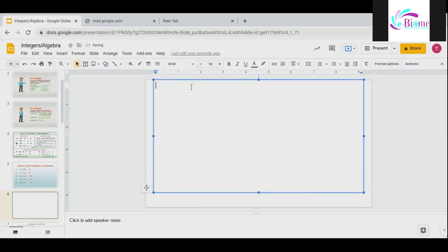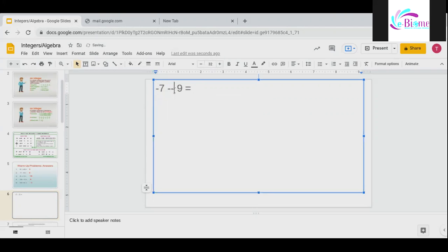So we have -7. Let's make this bigger for you guys to see. Let me write that down quick. So -7 minus -9 equals, I say, equals 2. Let's look at it.